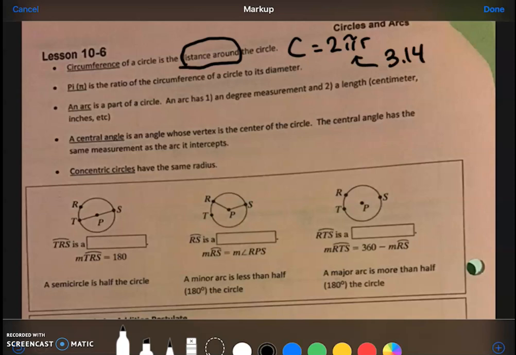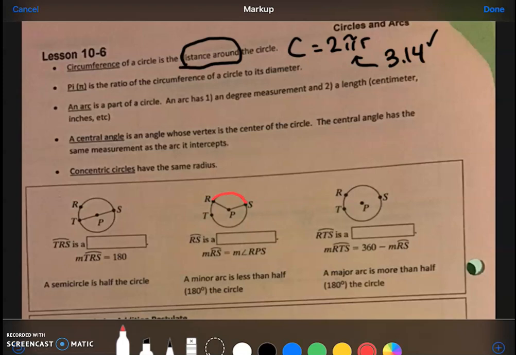There is a relationship between going across the circle, the diameter, and the circumference. Going around the circle is 3.14 times bigger than the diameter, which is going across the circle. Now, here's the key. The arc, which is just a portion of the circle, like this is an arc right here, highlighted in red, has two things.